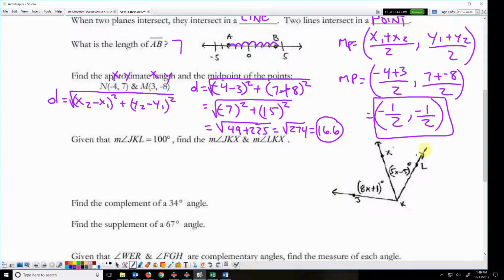If JKL is 100, then I know this angle plus this angle is going to equal 100. 8x plus 1 plus 5x minus 5 equals 100. My like terms are 8x and 5x, that makes 13x. 1 and negative 5 makes negative 4.